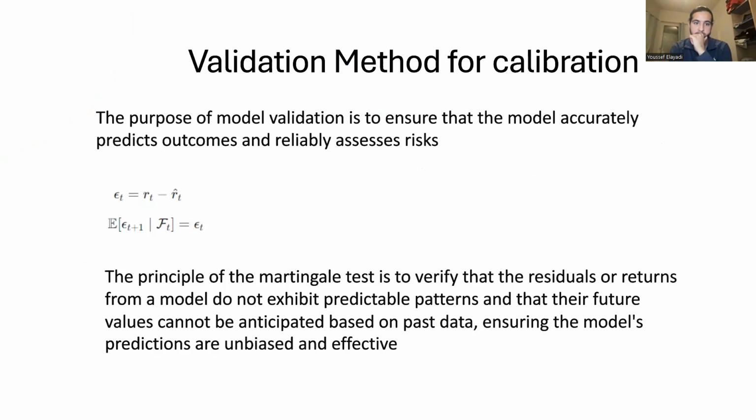At the end of the project, you can see a method validation. After all the calibration, we have to validate our calibration, and for that, we used the Martingale test. The principle of the Martingale test is to verify that the residuals or returns from a model cannot be anticipated from past data.